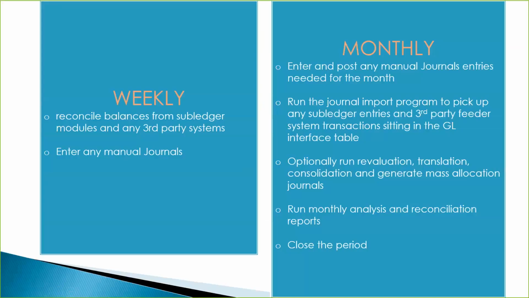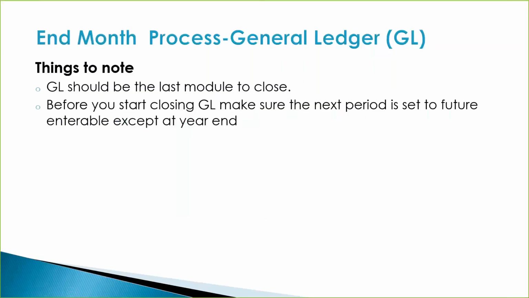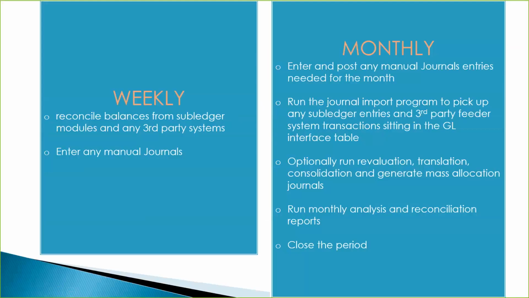Now, as far as the GL end month process is concerned, we can split it into two. One is the weekly, and then we have the monthly. On a weekly basis, as part of the GL end month process, you reconcile your balances from all your subledger modules and any other third-party systems that are sending transactions to your General Ledger.